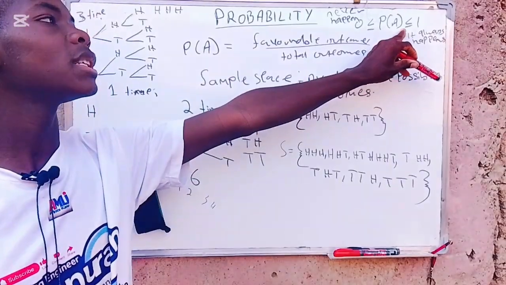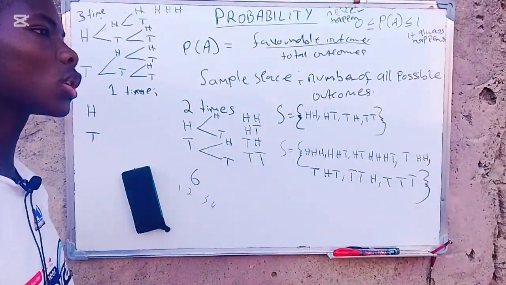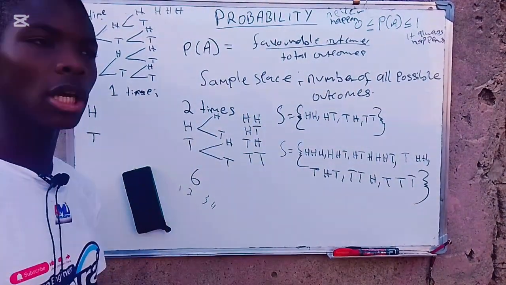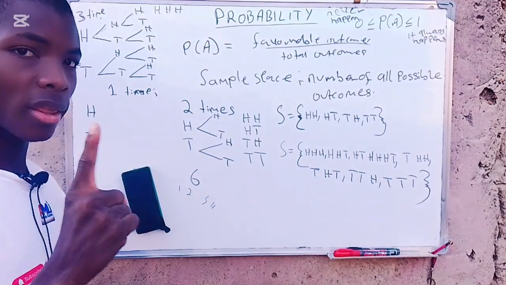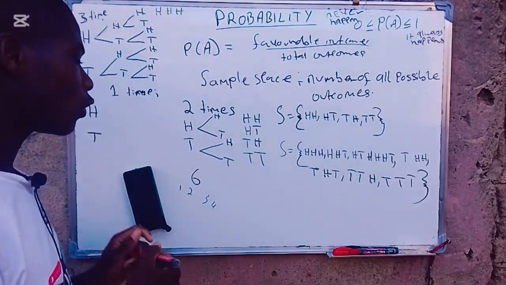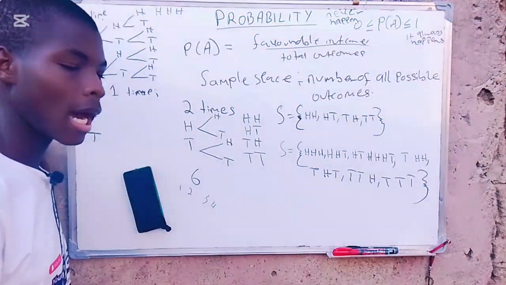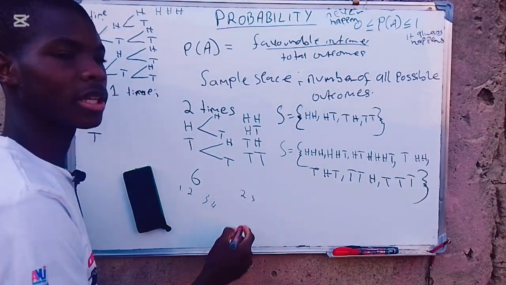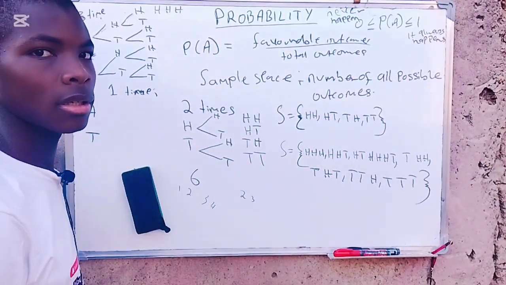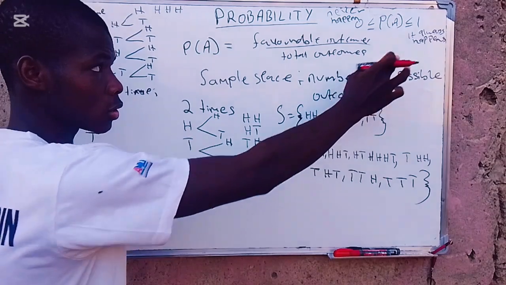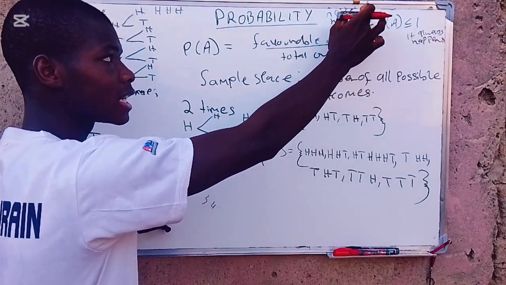Probability 1 always happens, because whenever you toss a die, you get only one thing. You cannot toss a dice and have both 2 and 3. That can never happen. You will only have 1.